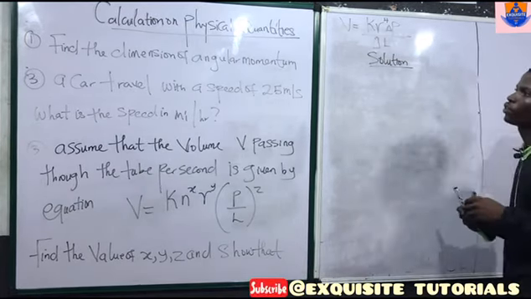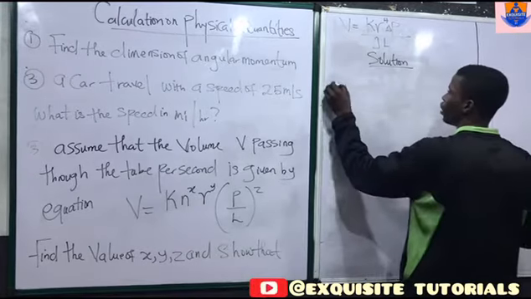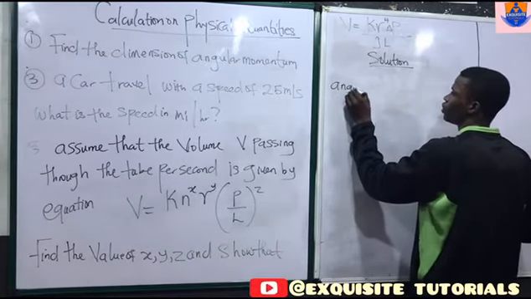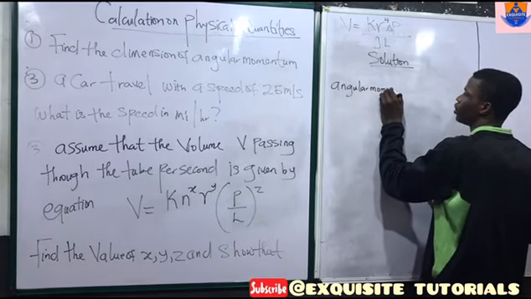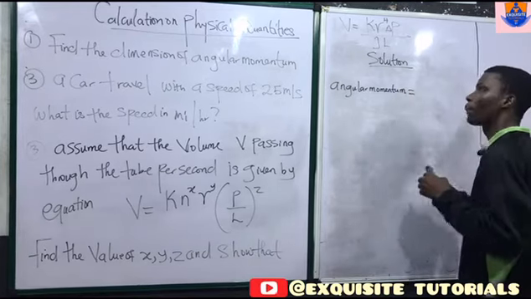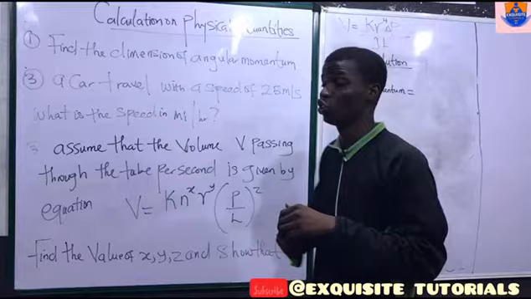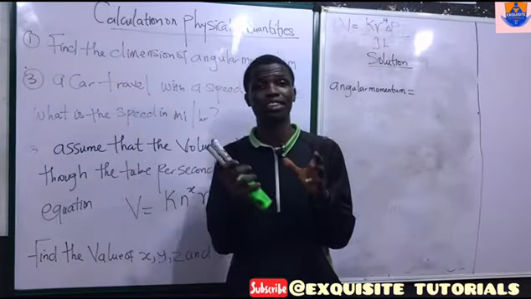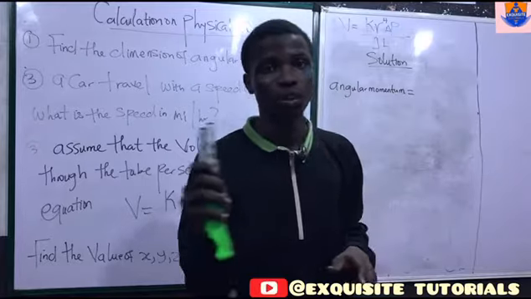So if we are to calculate the dimension of angular momentum, first of all, our momentum when it doesn't involve linear or circular motion.